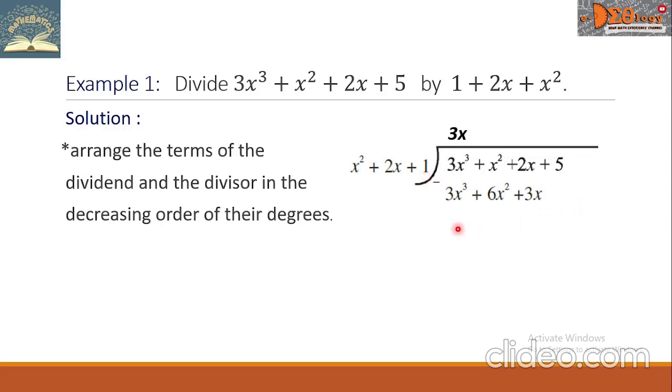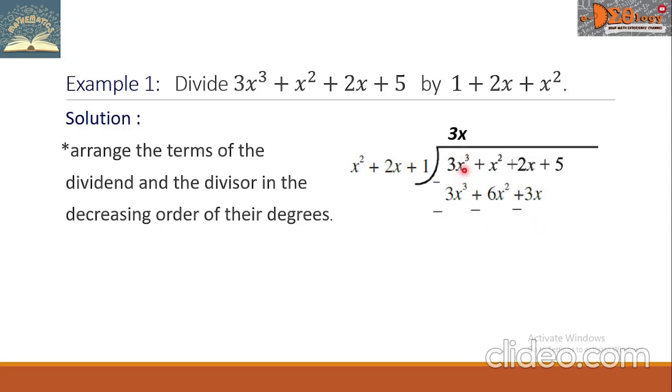Then we subtract. When we subtract, we know that we need to change the sign of the terms of the subtrahend, meaning this positive now becomes negative. From positive becomes negative, from positive becomes negative. Then we add.